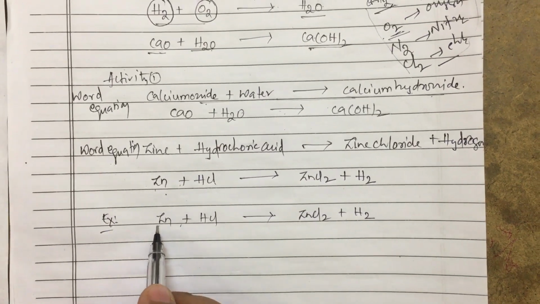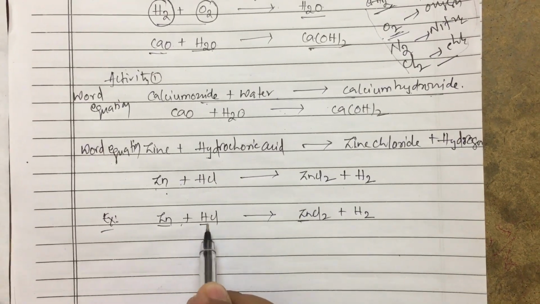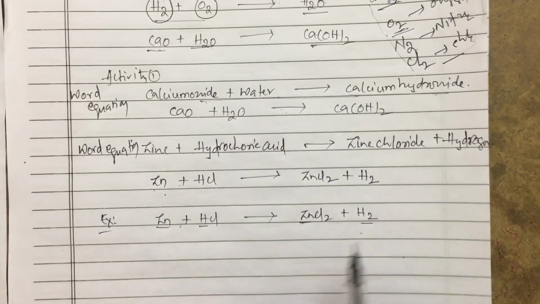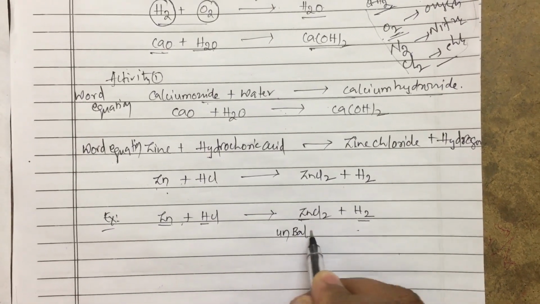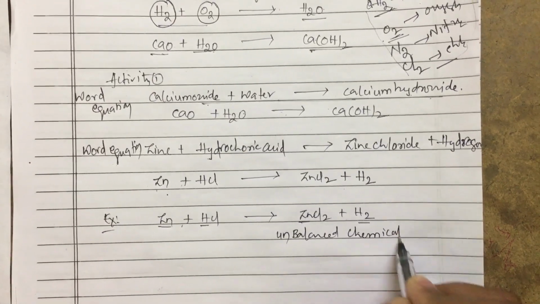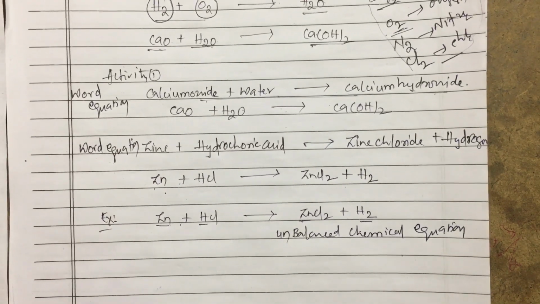Here there is one atom of zinc on each side, but one atom of hydrogen on the left and two atoms of hydrogen on the right. The number of atoms is not the same, so we call such equations unbalanced chemical equations.